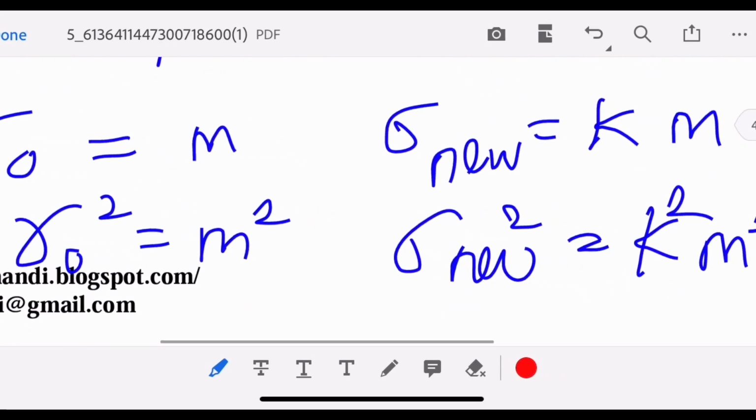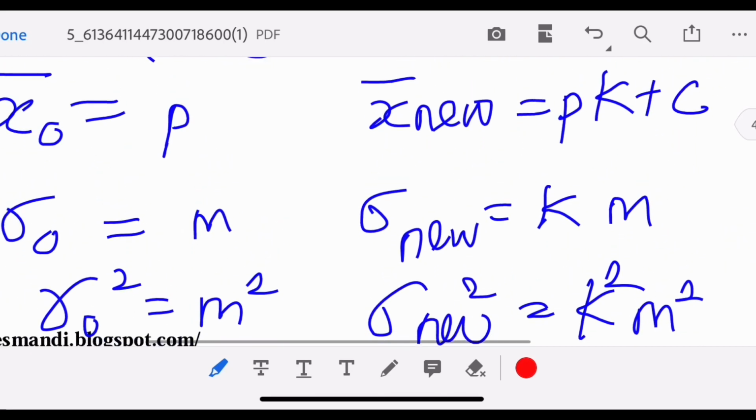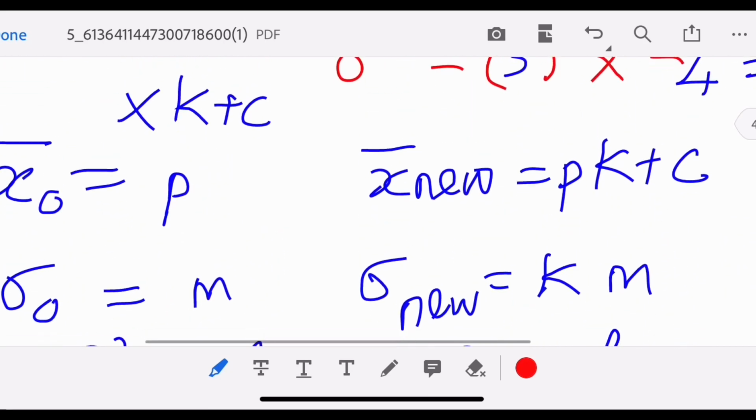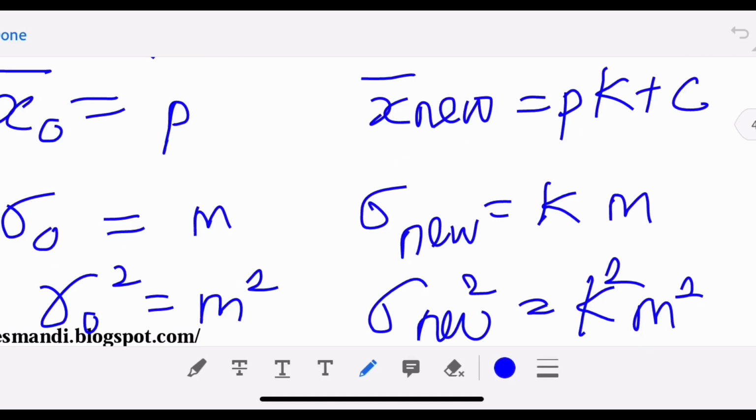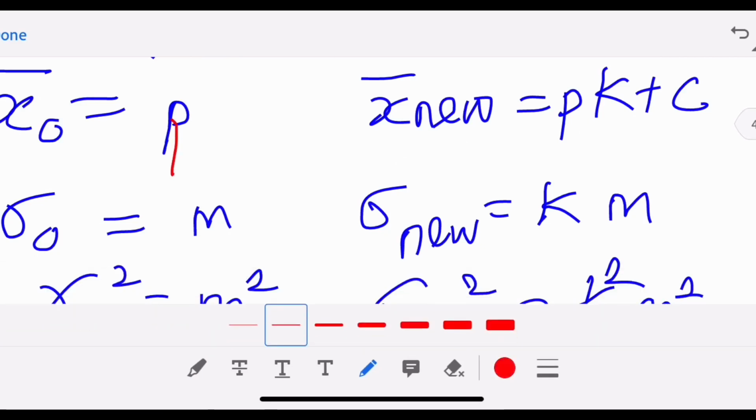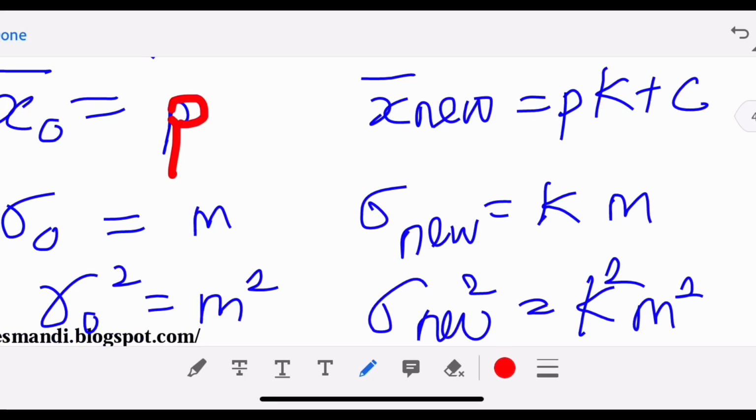And the variance is very special. It's always multiplied by the constant, but you need to square it. Now this is the original mean.